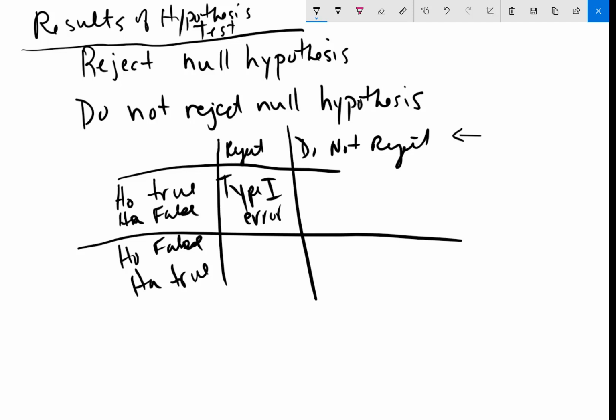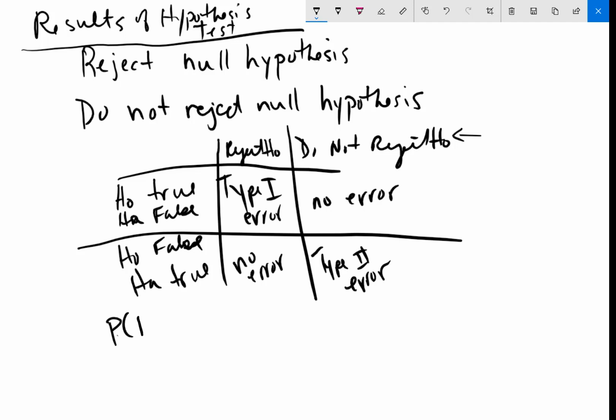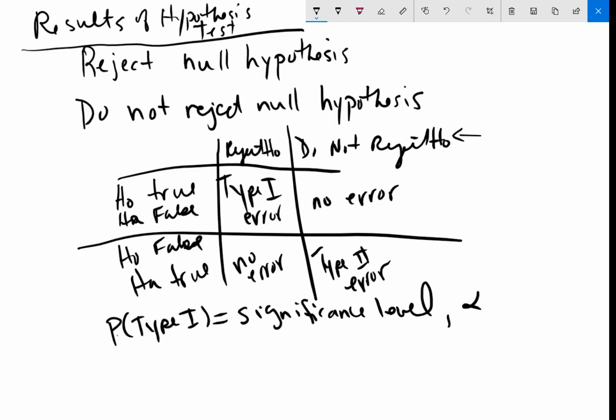If I did not reject the null, then there was no error. I shouldn't have, because it was true. Now, if I reject the null hypothesis when in fact it was false, no error. But if I don't reject the null when it was false, we call that a type 2 error. And the probability of a type 1 error is what we call the significance level. And it's got the symbol of alpha.